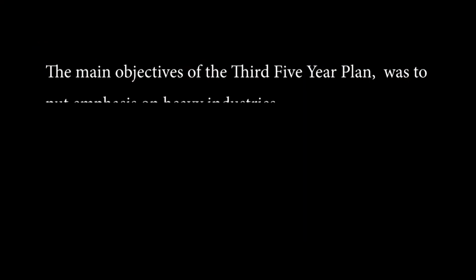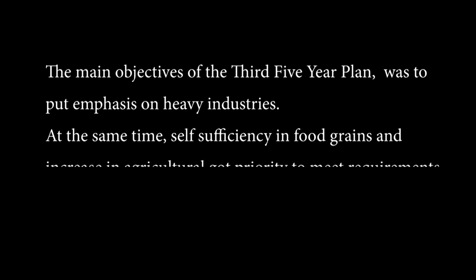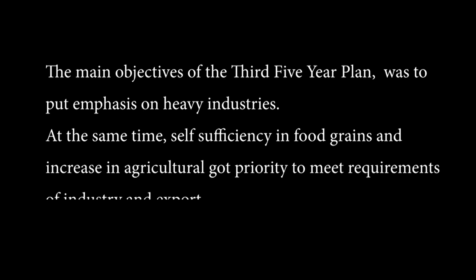The objective of the third 5-year plan, as of the previous one, was to put emphasis on heavy industries. At the same time, self-sufficiency in food grains and an increase in agricultural production got priority to meet the requirements of the industry and export.